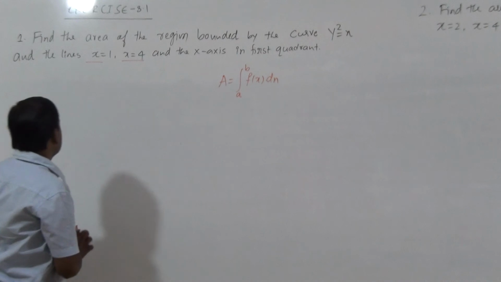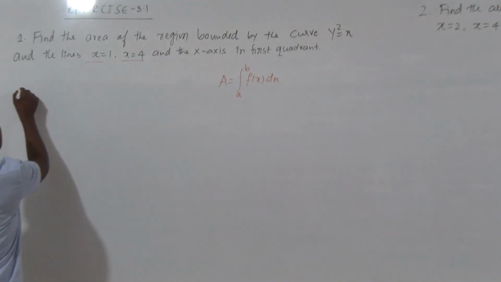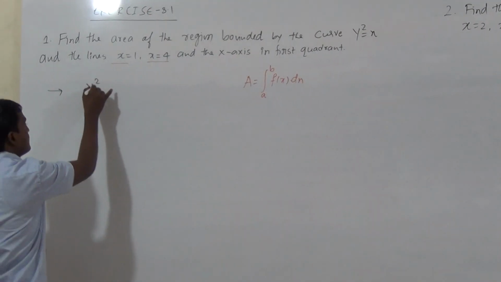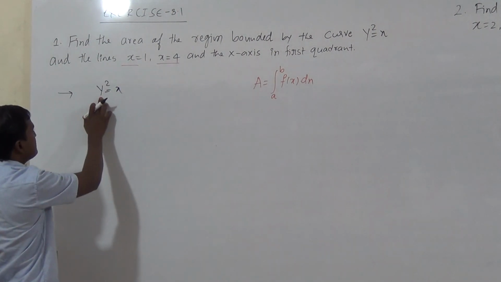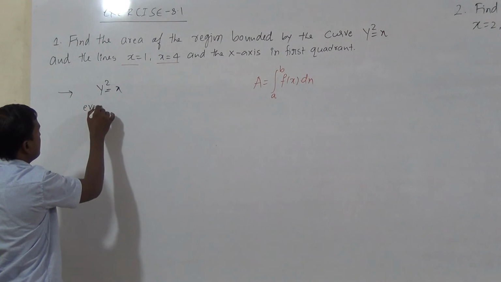Clearly, first you should observe what the given curve is. The given curve is y square is equal to x. So y square equal to x means it is an even power of y.